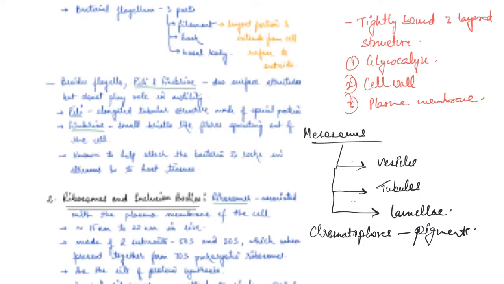A bacterial flagellum has three components. The first component is the filament, the second is the hook, and the third is the basal body. Now the filament is the longest portion and it extends from the cell surface to the outside.